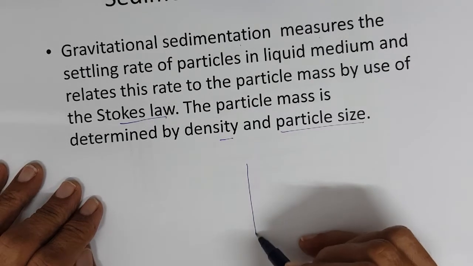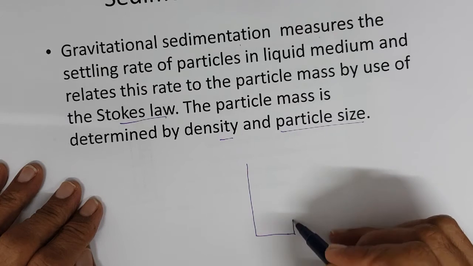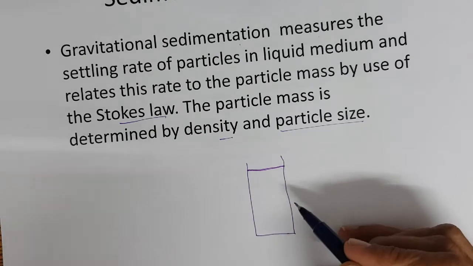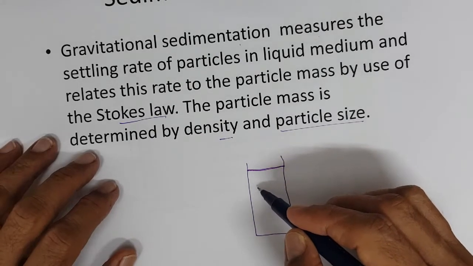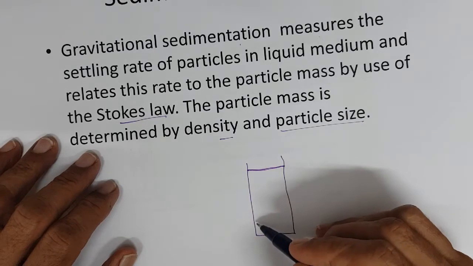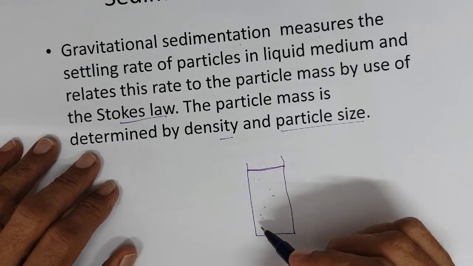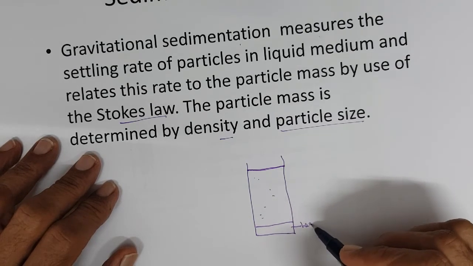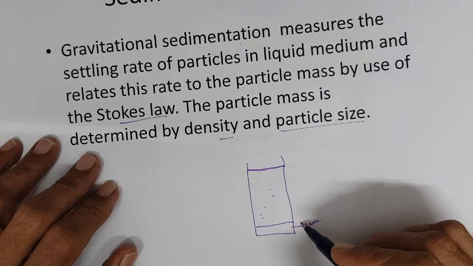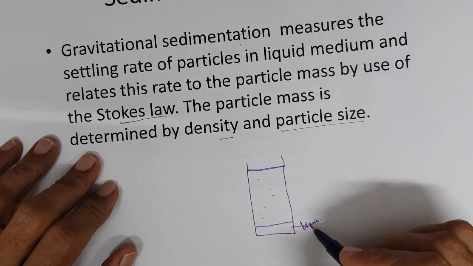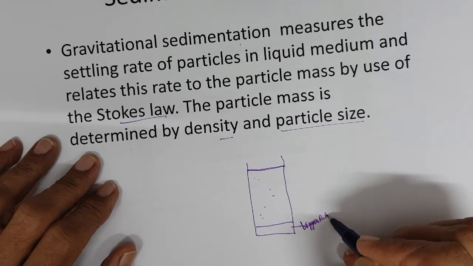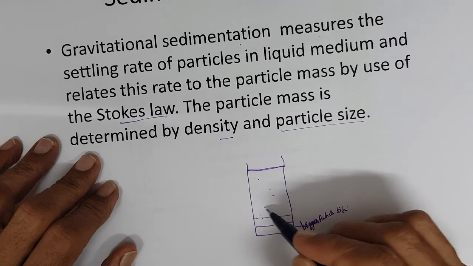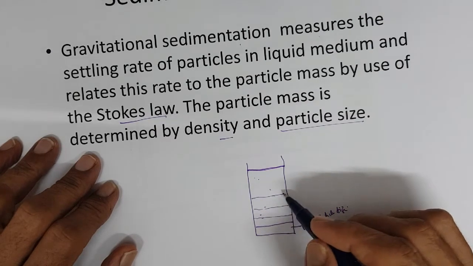For example, you have a suspension, so it has particles. Now the heavier or bigger particles settle first, bigger particle size here, and then smaller, smaller, smaller.